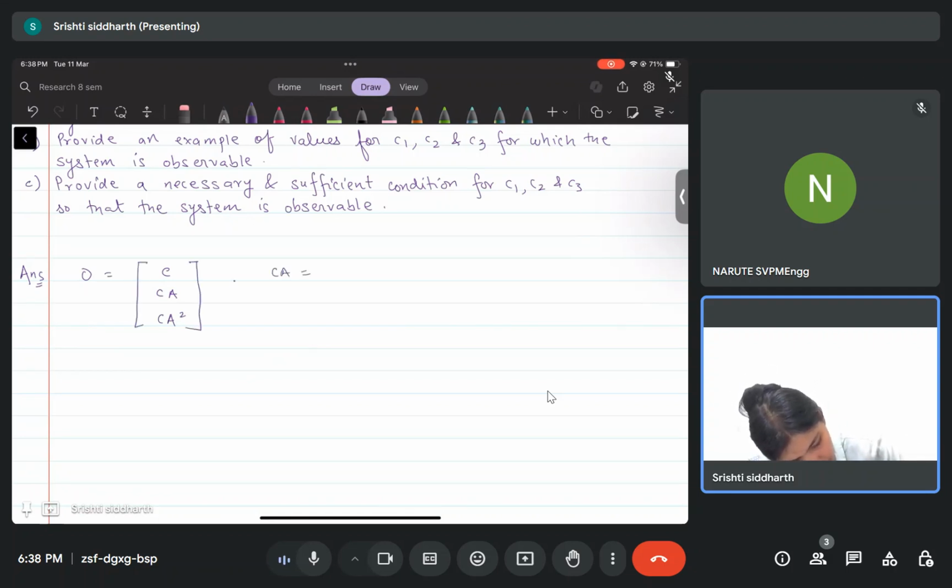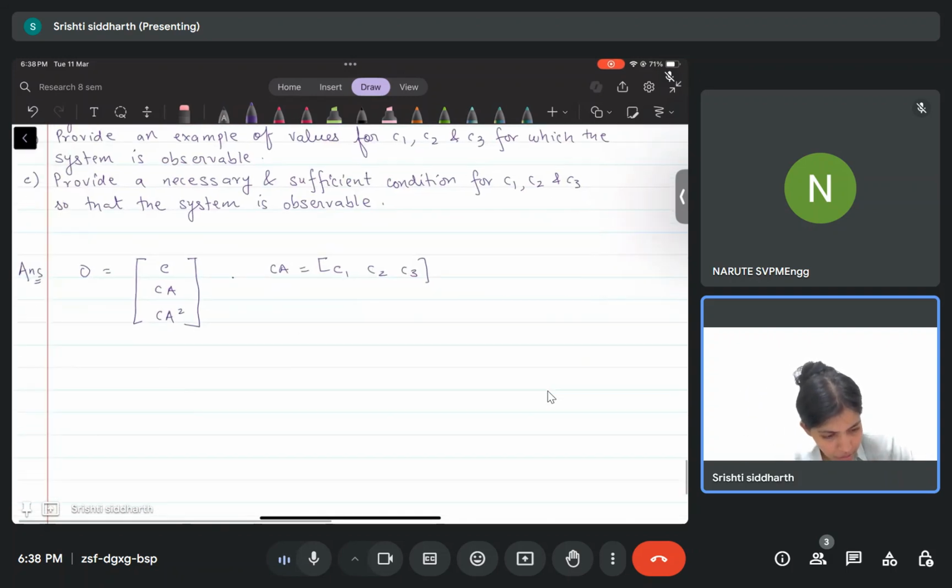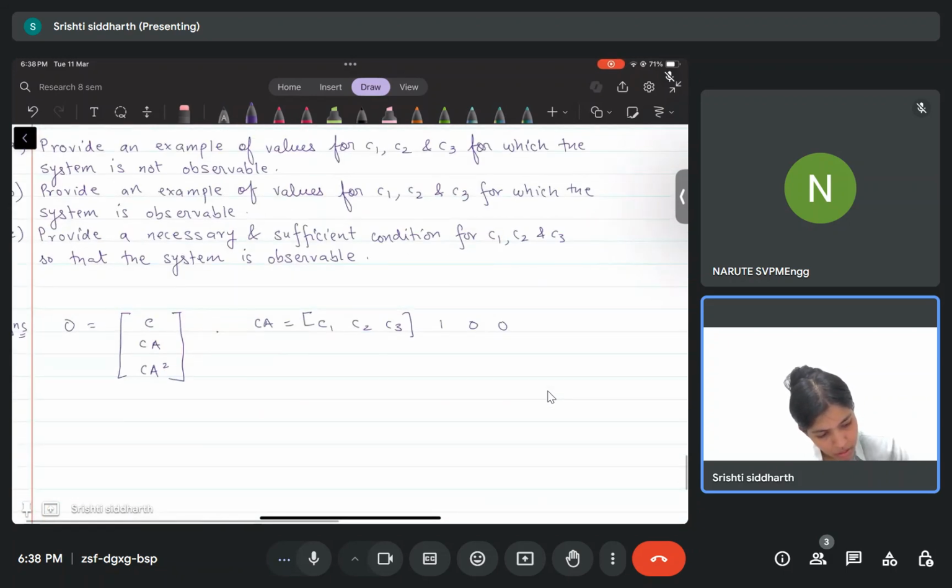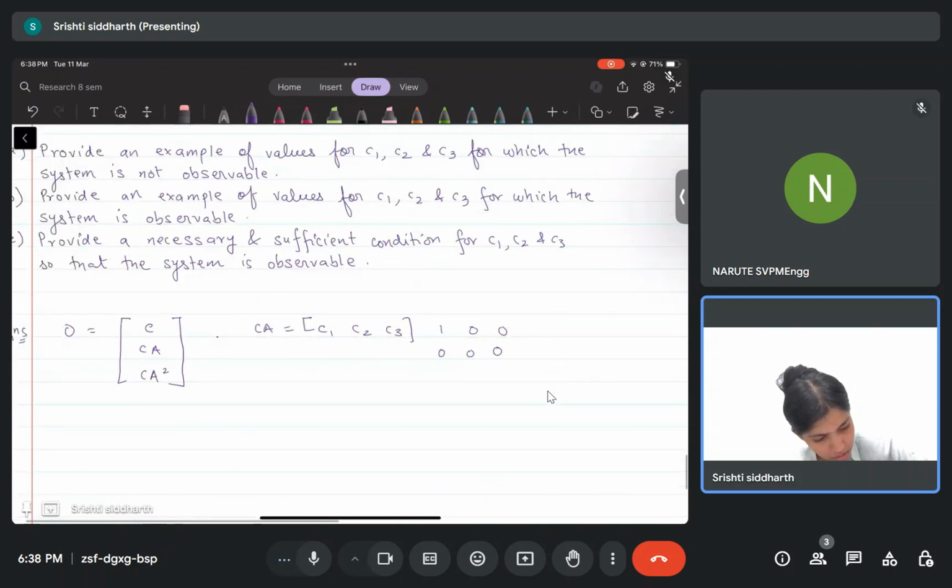So CA is C1, C2, C3 times 1 0 0, 0 0 0, 0 0 minus 1.